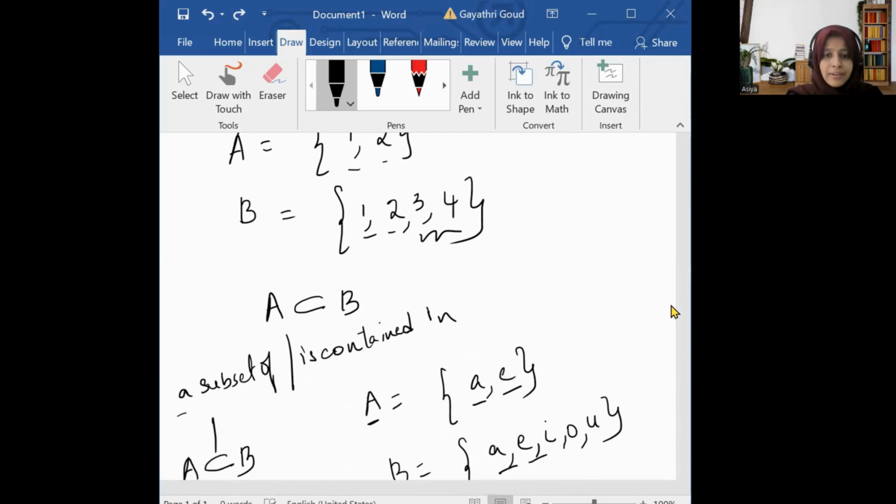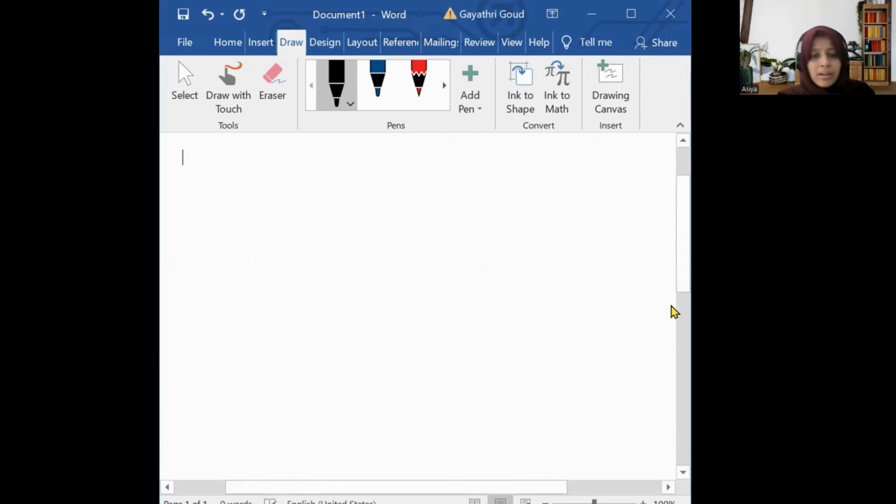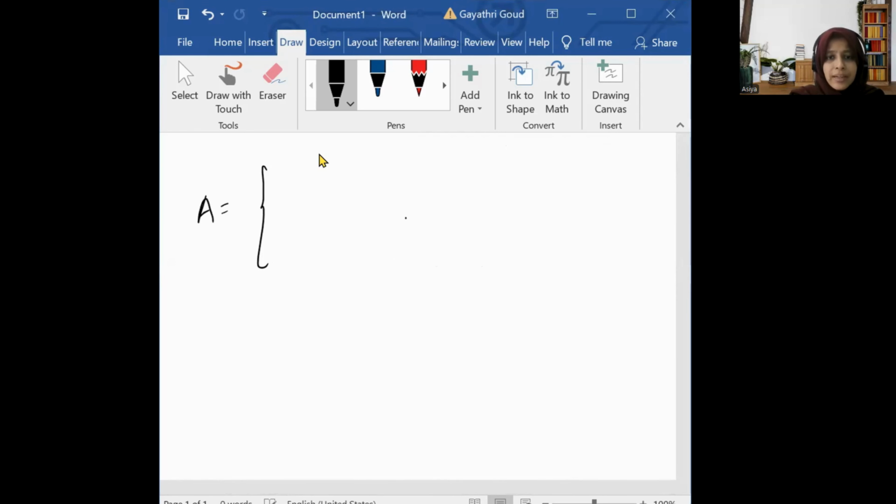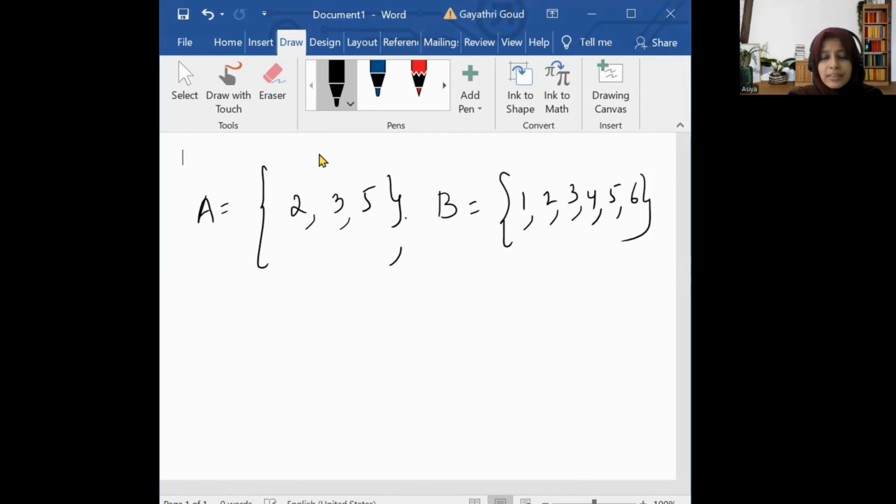Now, moving ahead, let us have a look at another example. Let me take A as 2, 3, 5. Set B contains elements 1, 2, 3, 4, 5, and 6. You must have noticed that the elements of set A, that is 2, 3, and 5, are present in set B. So I can call it A is a subset of B, correct?